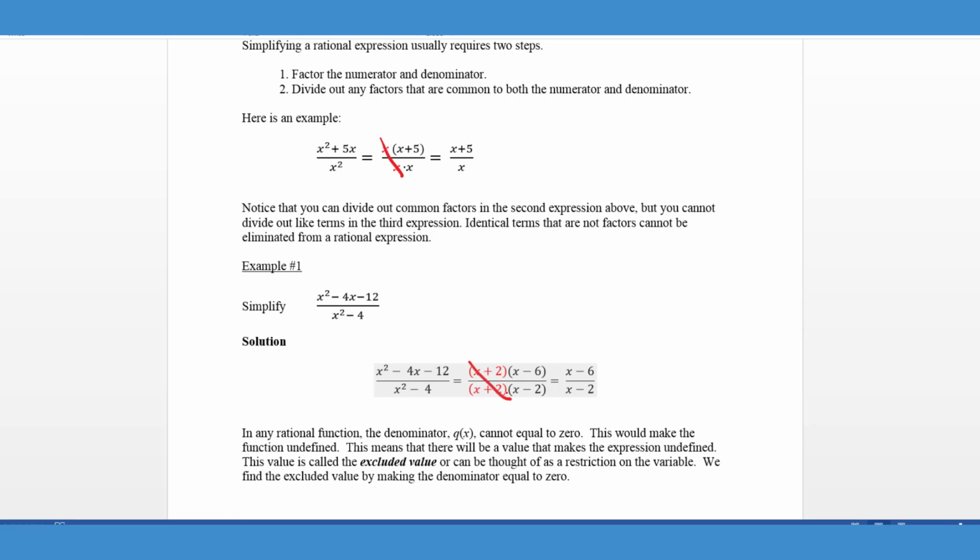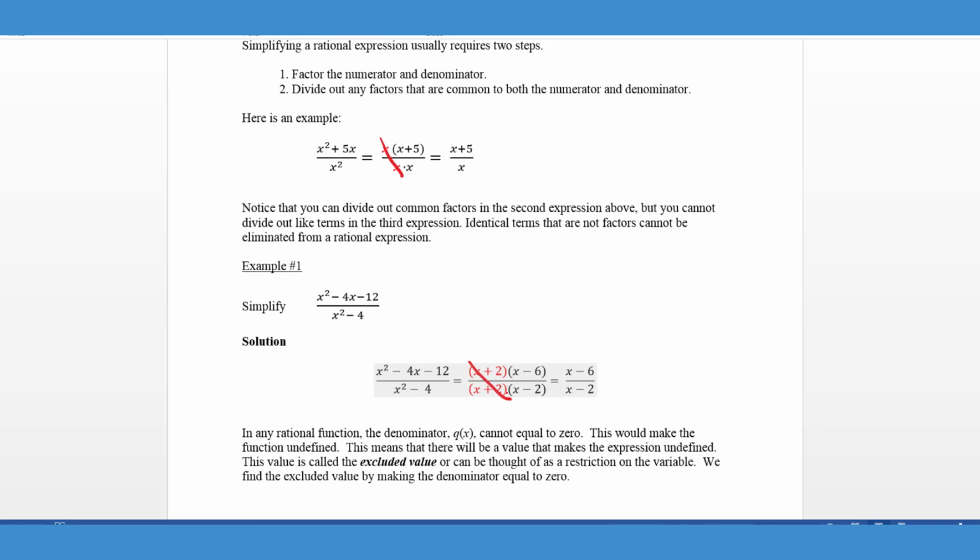Now, one of the things that you're going to see in this particular unit is a term called the excluded value. Keep in mind the excluded value is just a fancy term for the number that makes the rational expression undefined. So we've already been doing that on a regular basis whenever we were finding vertical asymptotes and holes in rational functions.